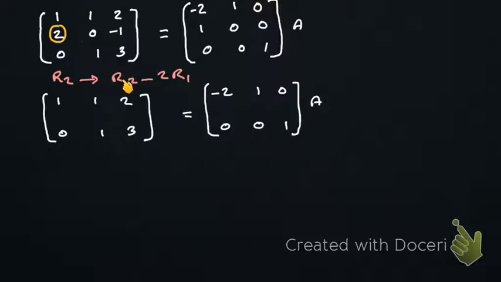Now R2 minus twice of R1: 2 minus twice of 1, 2 minus 2 is 0. 0 minus twice of 1, 0 minus 2 is minus 2.